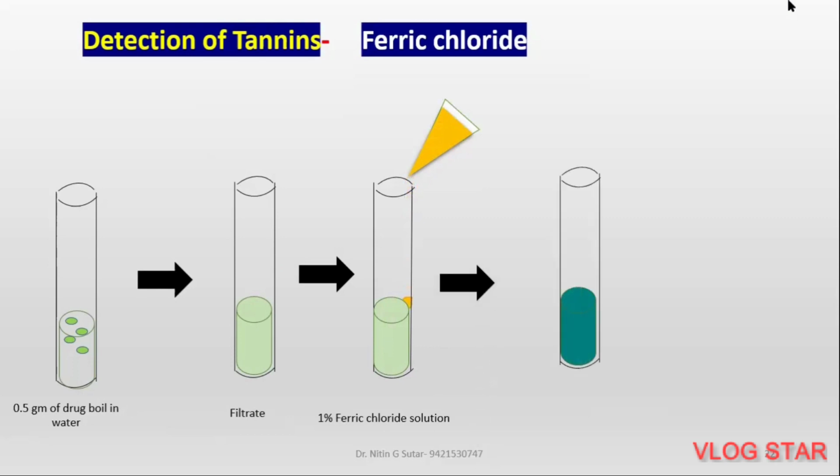After addition of ferric chloride, you are getting a bluish green or bluish black color precipitate. Somewhere white precipitates may be obtained, but in case of tannin containing drugs, a bluish green or bluish black color is formed.